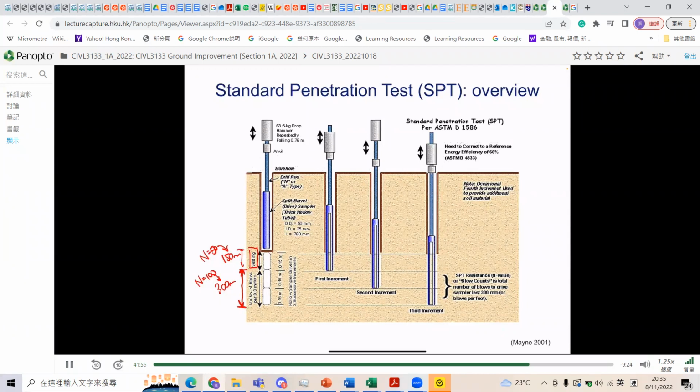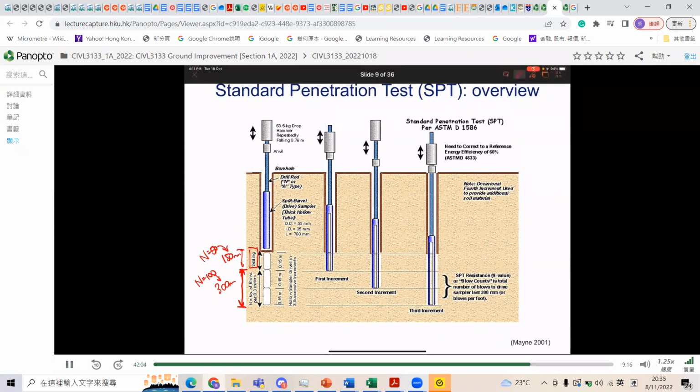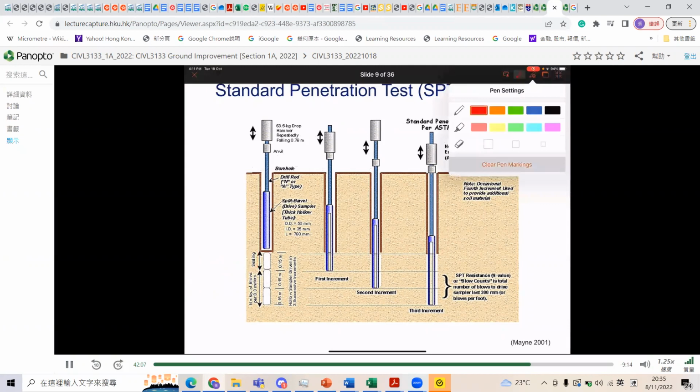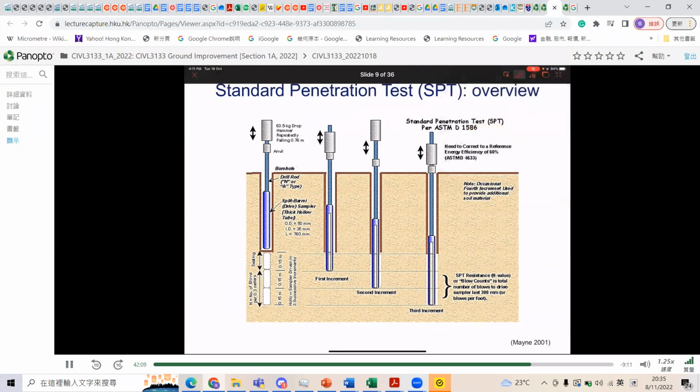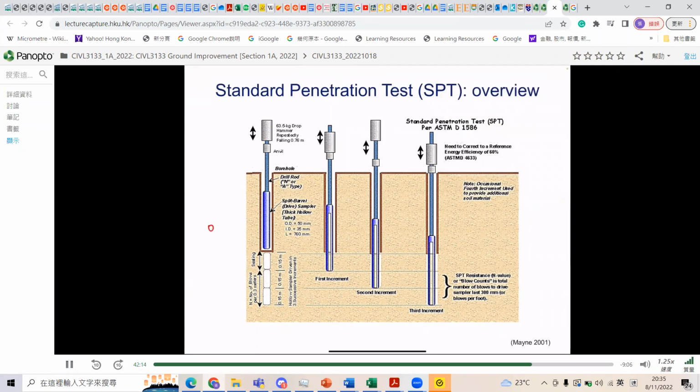Now, I'll talk about later on how these N values vary from project to project in Hong Kong, and it can be quite confusing. So anyways, there are two main drives. We have the seating drive and the testing drive. We take blow count measurements every 75 millimeters. So for 150 millimeters here, we take two measurements.